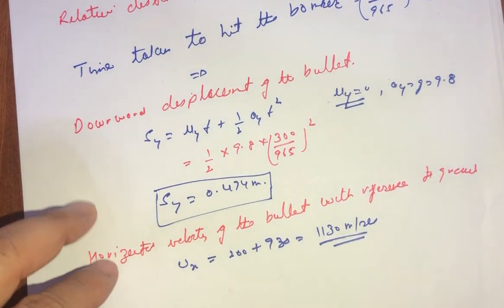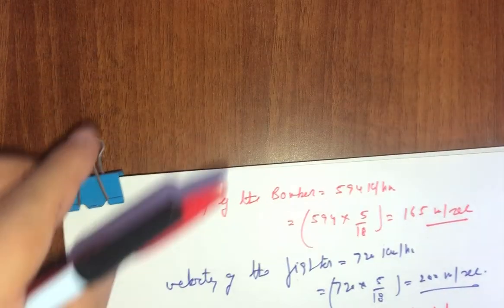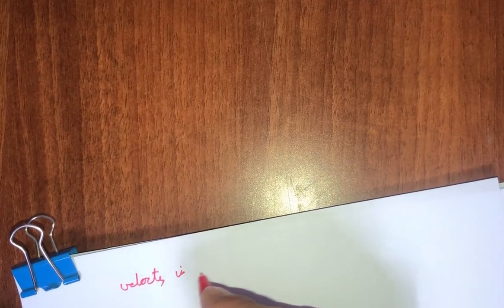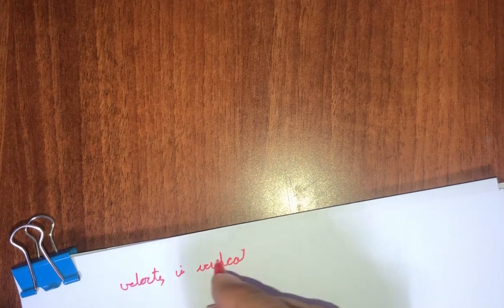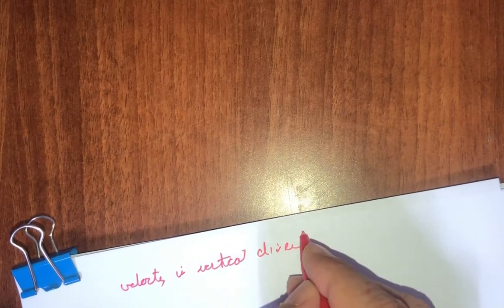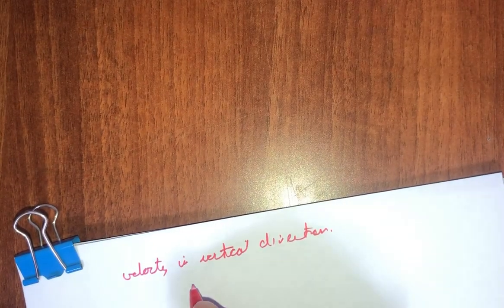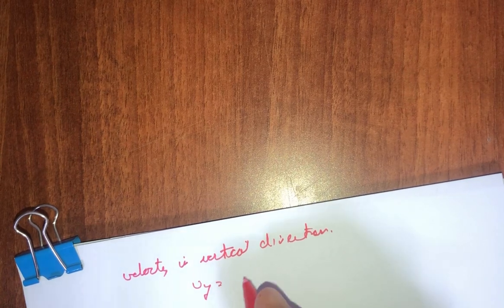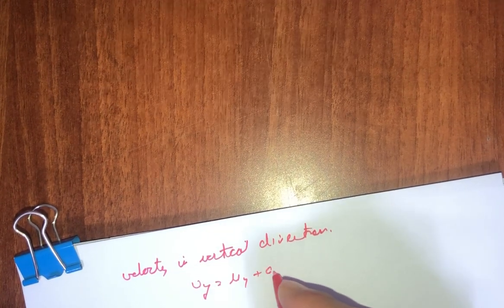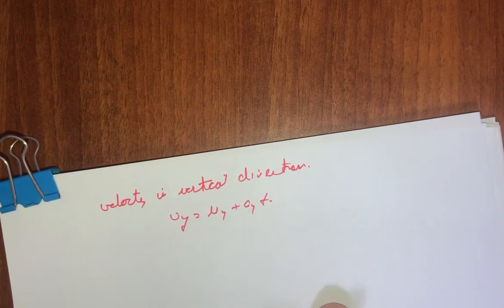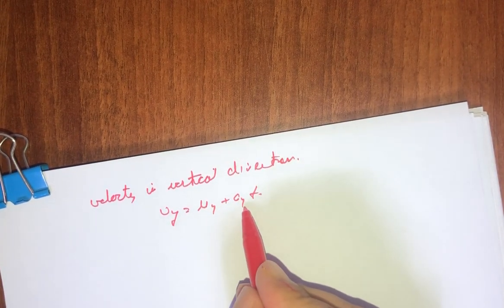Next we are going to find out the velocity in the vertical direction. We say that Vy is equal to Uy plus Ay multiplied by T. And we already know that Uy is 0 and Ay is g.